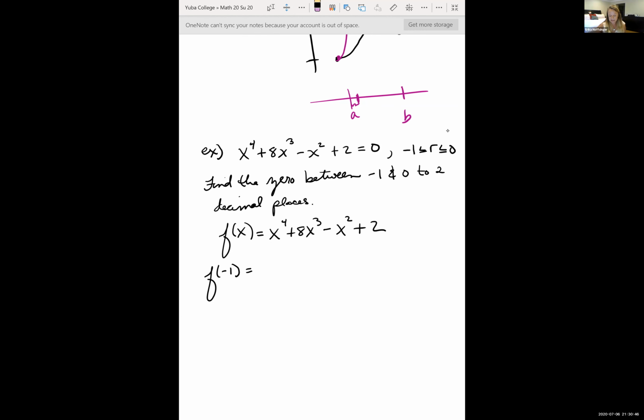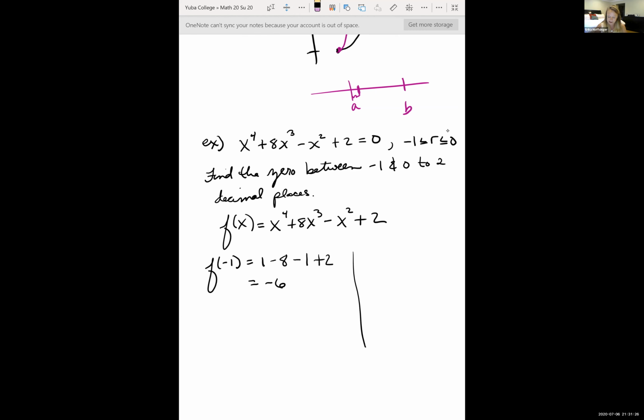So we can do this by synthetic, or we can just plug it in. -1 to the 4th power is 1. -1 cubed is -1 times this 8 in front, so that's -8. -1 squared is 1 with a negative in front, so -1 plus 2. So f of -1 is equal to 1 minus 8 is -7. -7 minus 1 is -8. -8 plus 2 is -6.